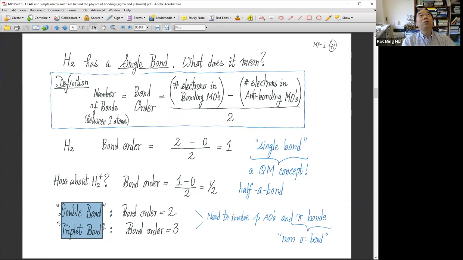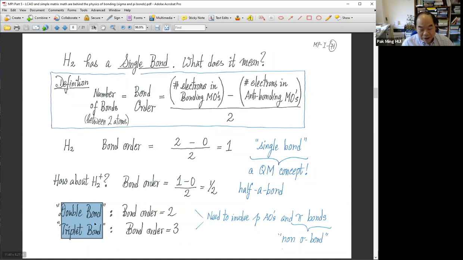Therefore, it means we have net 4 electrons in bonding MOs. Then you divide it by 2, there will be a double bond. At this point, I just want to point out that in addition to a sigma bond, all these double, triple bonds will have some other type of bond that we call pi bonds.